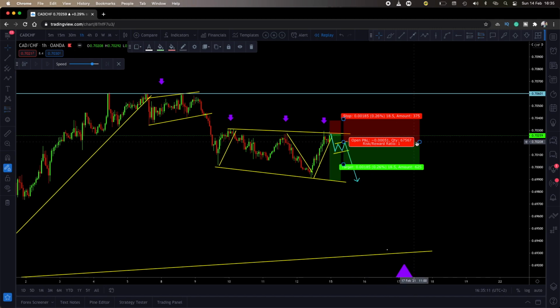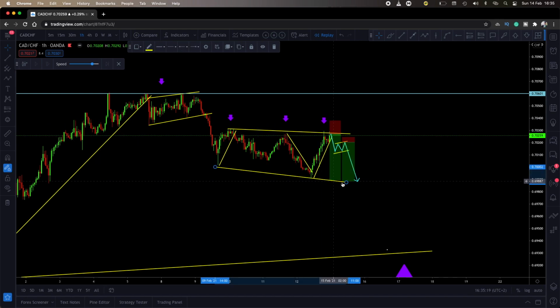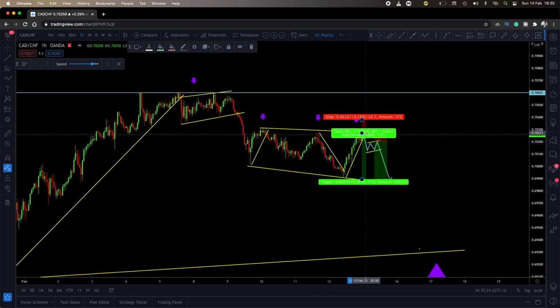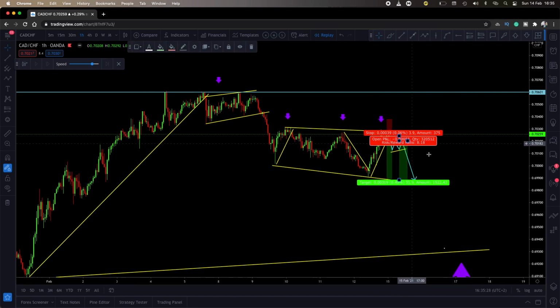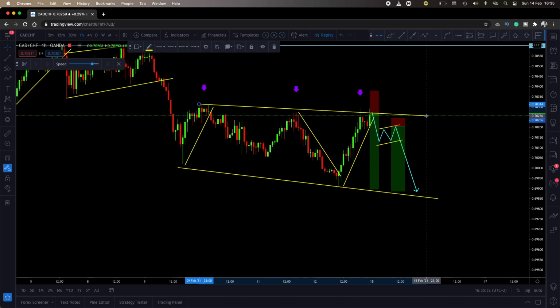Put an entry here, like this. Place the stop loss. Put a take profit. Like that. I think it's clear enough now.